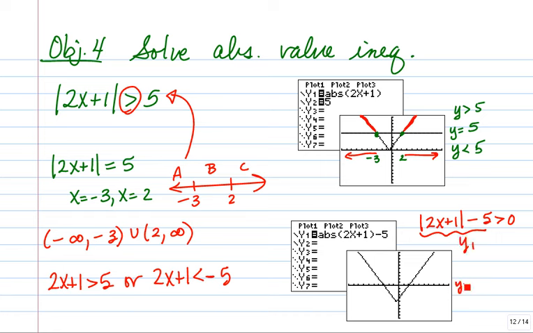We know y is equal to 0 on the x-axis, it's greater than 0 above the x-axis, and less than 0 below. So where is it above the x-axis? Well, that's here or here, which is exactly what we did up here with the intersection of graphs. So at 2 and to the right, and at less than negative 3. So we would get the same result in either case.